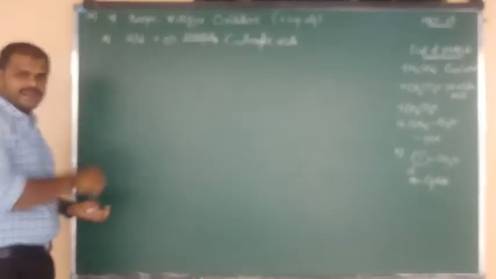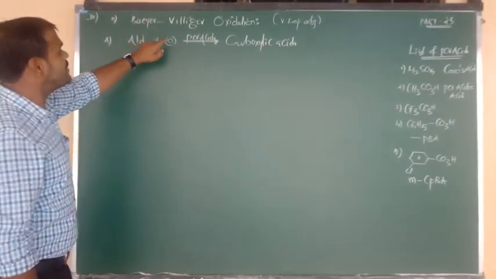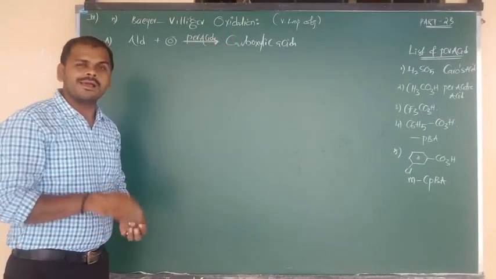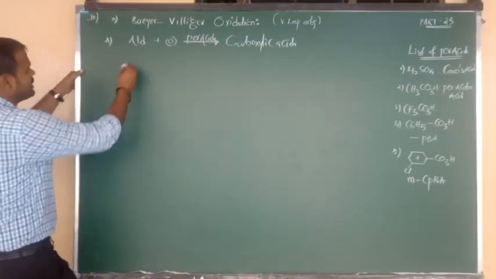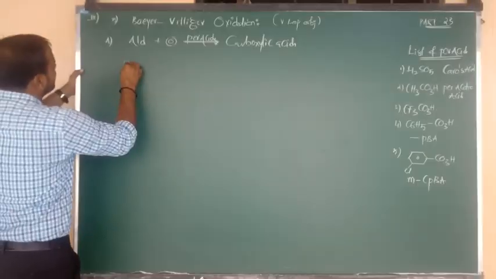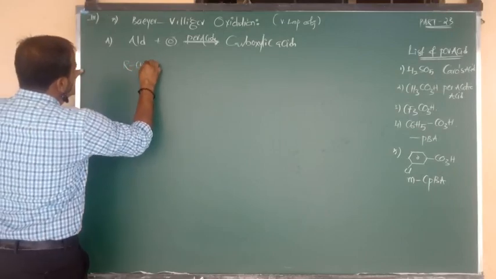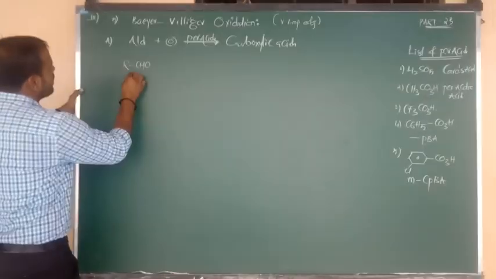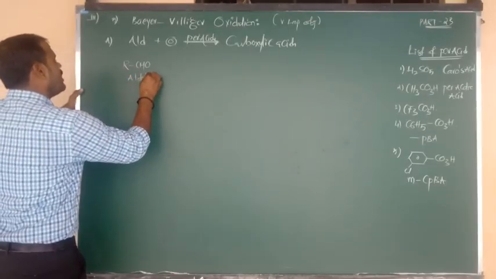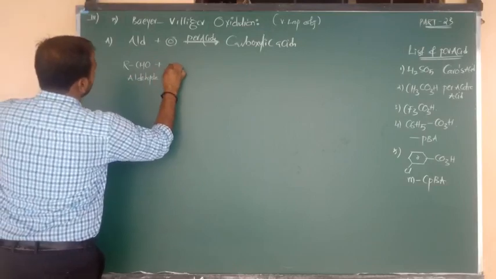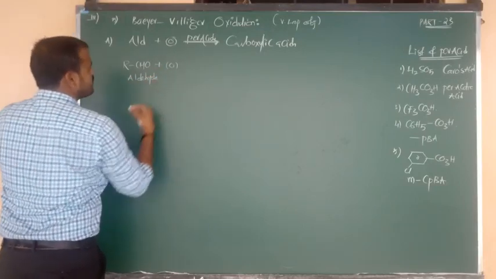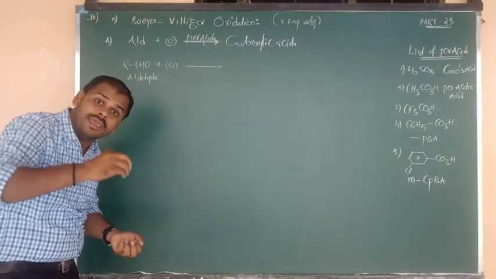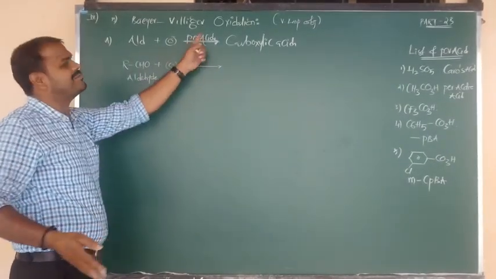Now I am going to start the reaction. Aldehydes upon oxidation with peracids change into carboxylic acids. What is the formula of aldehyde? R bonded to CHO. Upon oxidation, addition of free oxygen takes place, and that free oxygen is given by the oxidizing agent, the peracid.